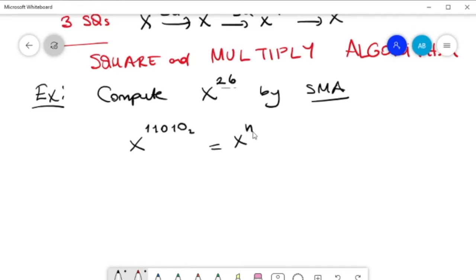Let's write it with unknowns: h4, h3, h2, h1, and h0. In order to do this algorithm, we start from h4 down to h0.